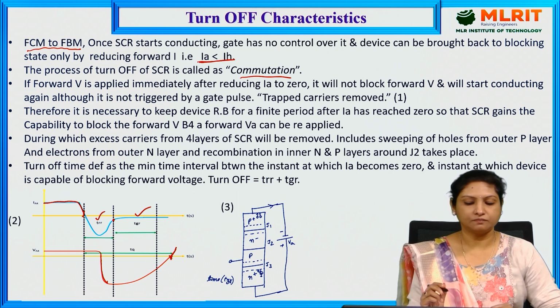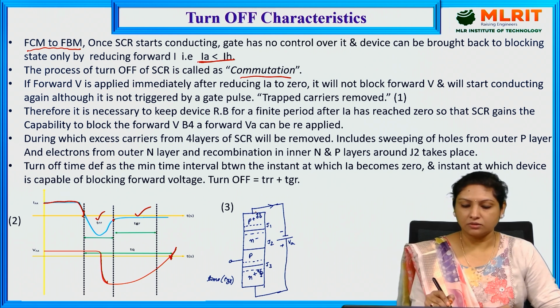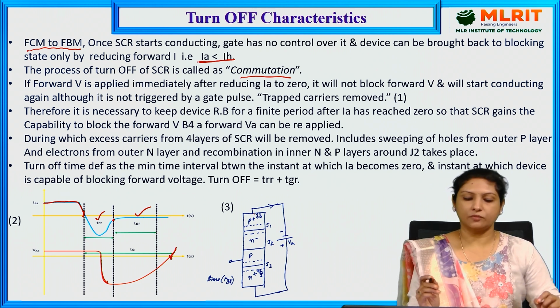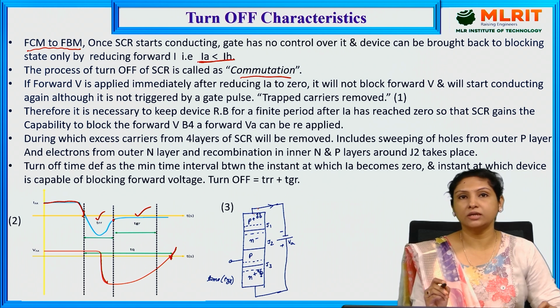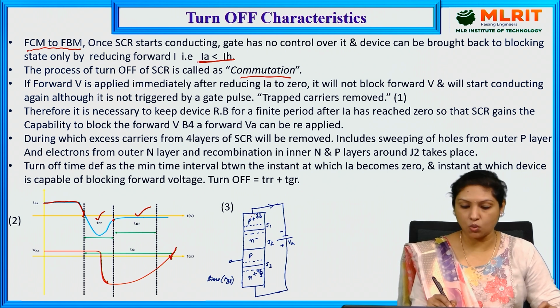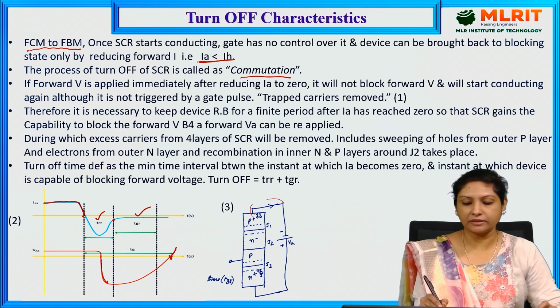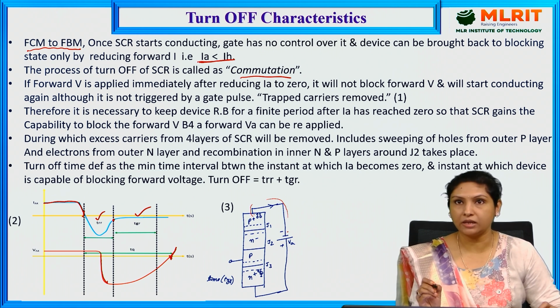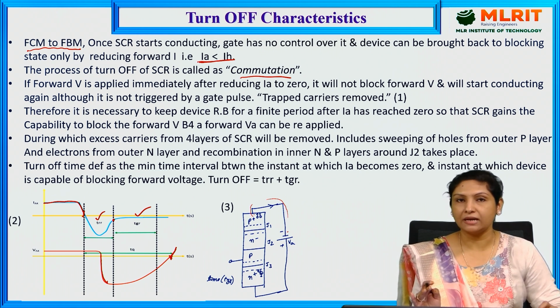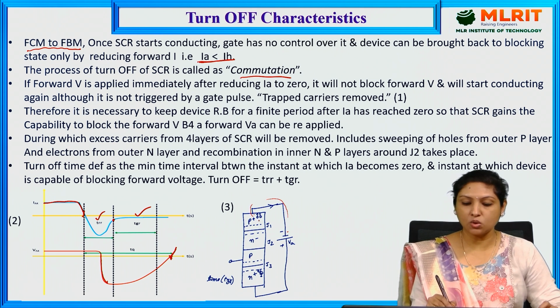And here, if you see, initially from the outer P layer and outer N layer, the majority carriers in the P layer are holes, and these holes will be attracted towards the negative terminal whenever the reverse voltage is applied. In order to turn off the SCR, at that instant, these holes in the outer P layer will be attracted towards the negative terminal.